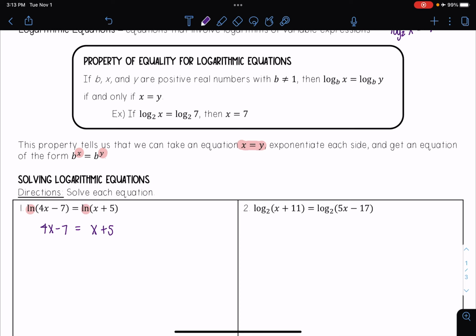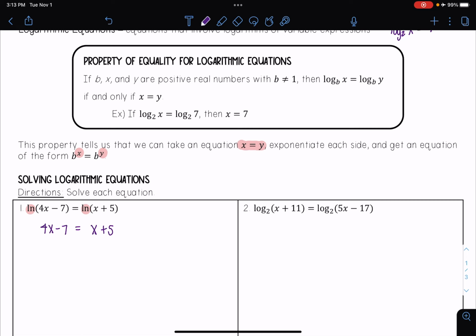The reason why is that I can take base e on both sides: e to the natural log of 4x minus 7 is equal to e to the natural log of x plus 5. Those e's and natural logs cancel out, and you end up with 4x minus 7 equals x plus 5. So that's why this works.